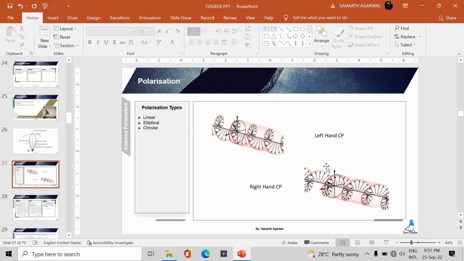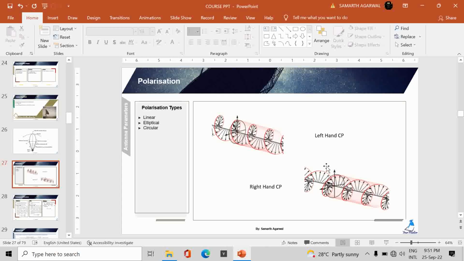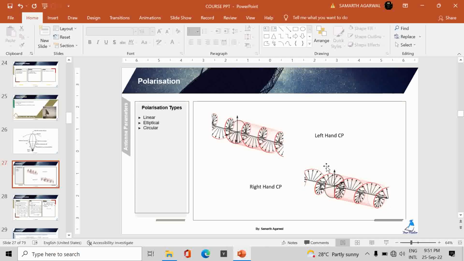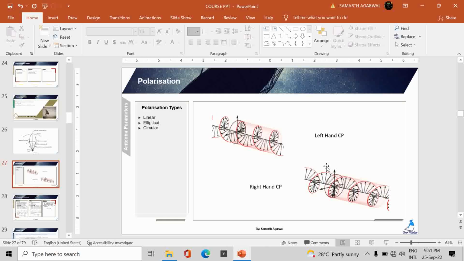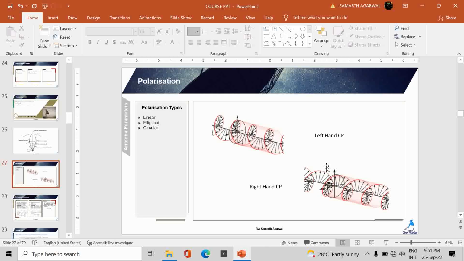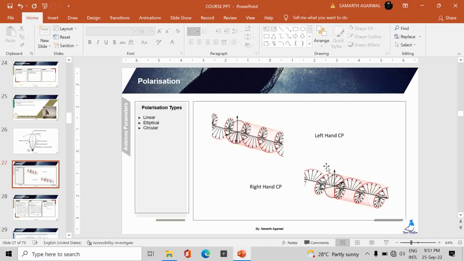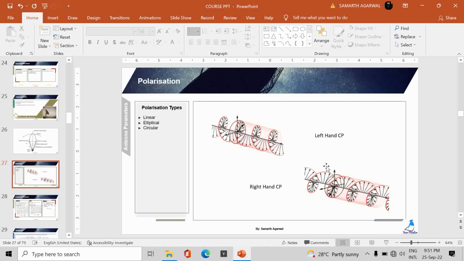Okay, then further, in the case of CST and all, this is just for depiction purposes, showing how the field vector rotates. In CST, with the help of axial ratio AR, we can depict our polarization.